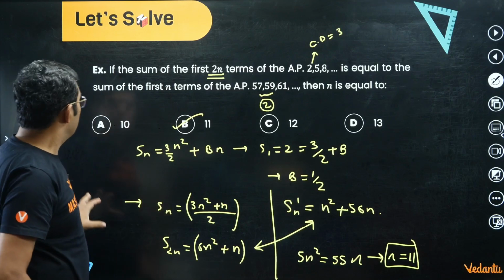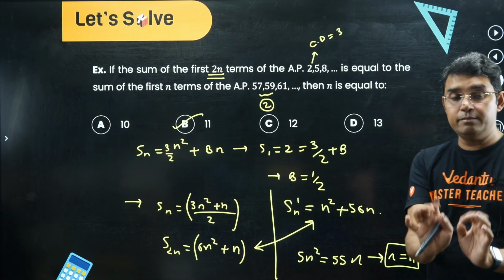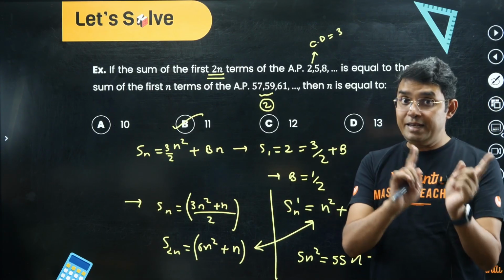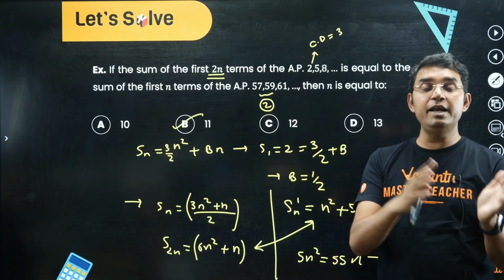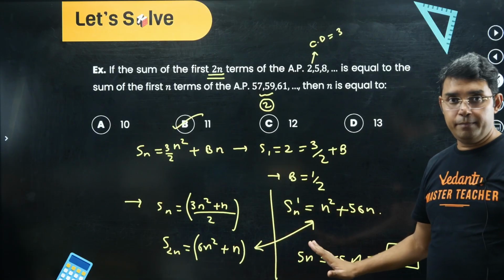Okay, so this is how this question can be done. Again, what I told you in the beginning: sum of n terms is quadratic, without constant, with a leading term. What is the relation between leading term and common difference? Please remember it, and you will be saving your time. Please understand.